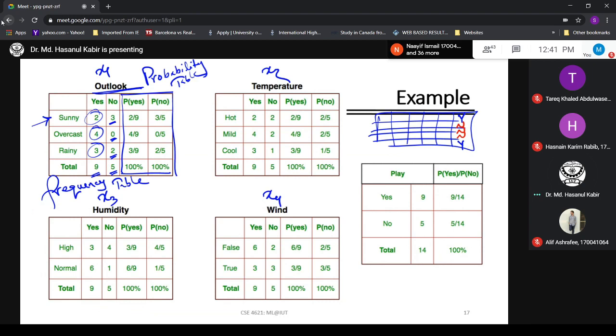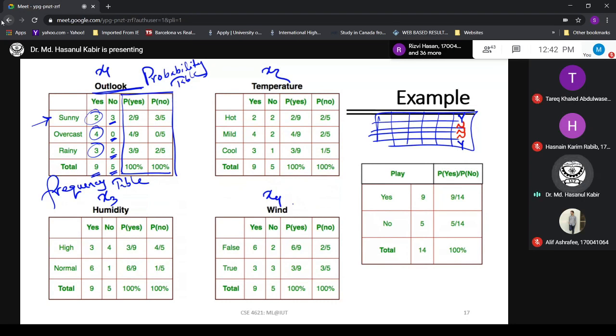For the given class, let's write the probability that the outlook was sunny, given the class that you have played golf. What is going to be the probability value? 2 divided by 9, right? Because given yes, you have played 9 days, and among those 9 days, only 2 days were sunny, right? Do you understand this one?